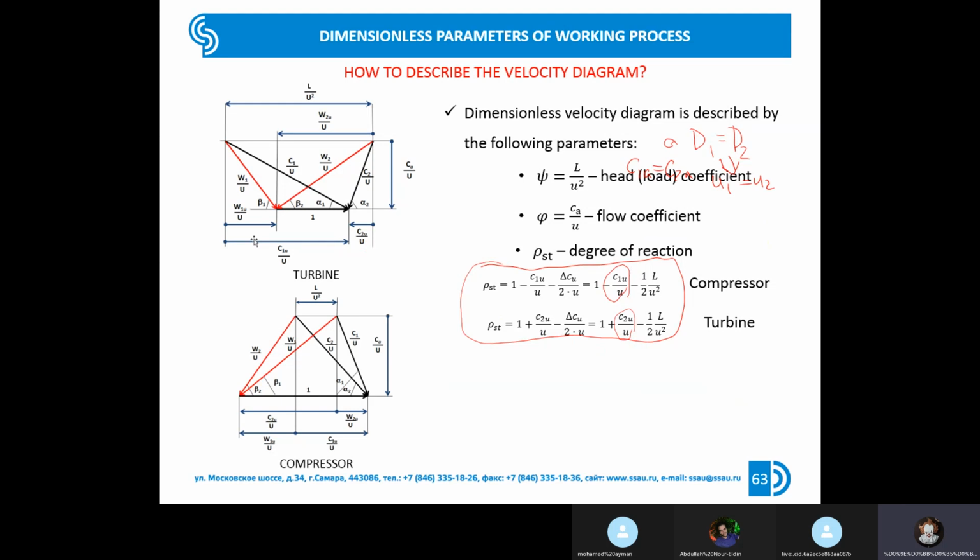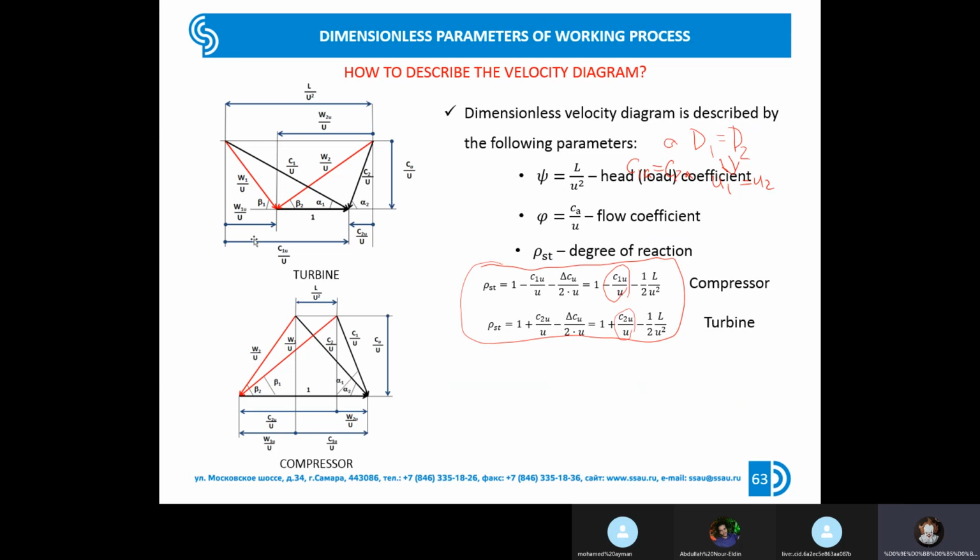And these values set the position of the upper base relative to the lower base. That's why it is more physically correct to use the degree of reaction as the third value, because it has physical meaning.